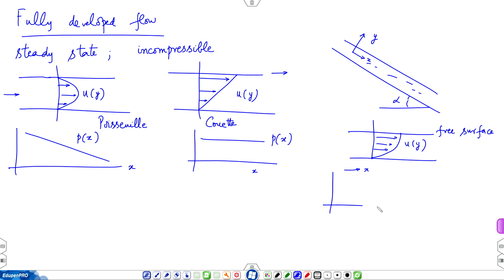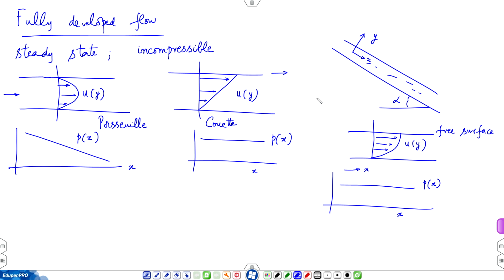And pressure is again constant. Flow is driven by gravity. So, in these problems there is no change in the velocity profile as you go from one x location to another, signifying a fully developed state of flow.